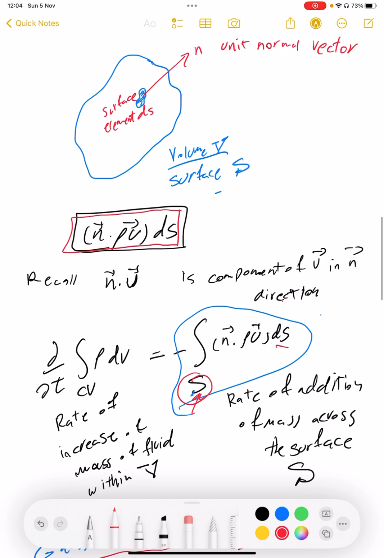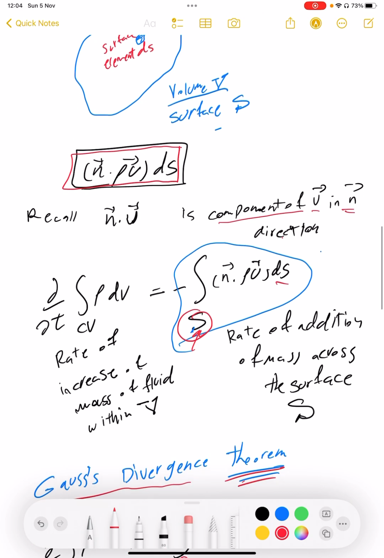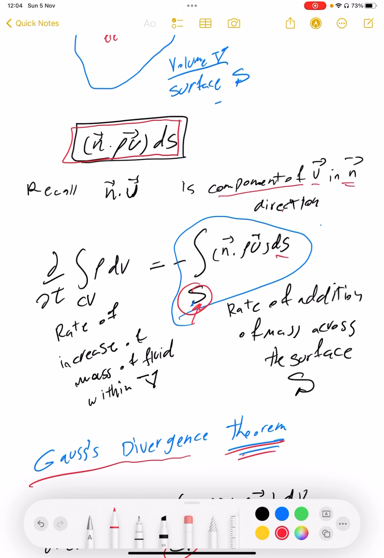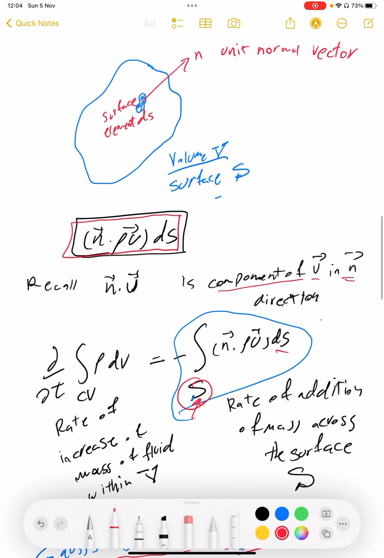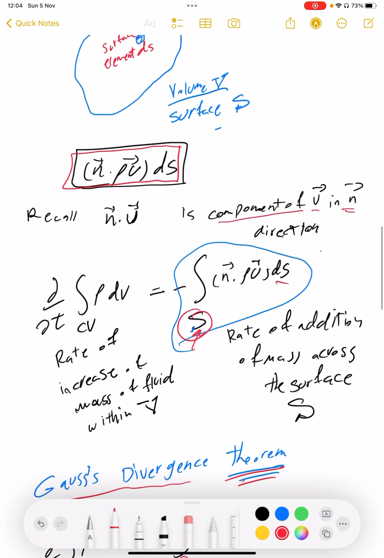I'm using the dot product because I want the component of u in the n direction. So I know how much fluid is coming through my control surface. If I integrate it over the surface of my control volume, that tells me how much the mass of my fluid has increased inside the control volume.